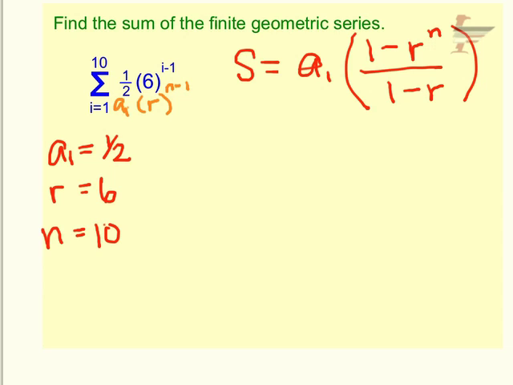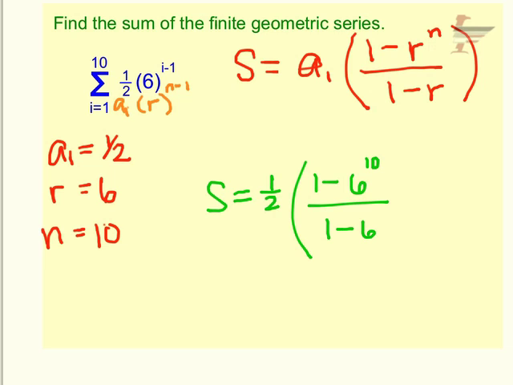And it doesn't equal 10 every single time that you have a 10 up here. You really do have to pay attention to the bottom number also to see where we start. Because if we started with 5 and went up to 10, that wouldn't be 10 terms. Alright, so from here it's just a matter of plugging in and simplifying, and I'll just start it out. The 1/2 goes out front, times 1 minus 6 to the 10th power over 1 minus 6.